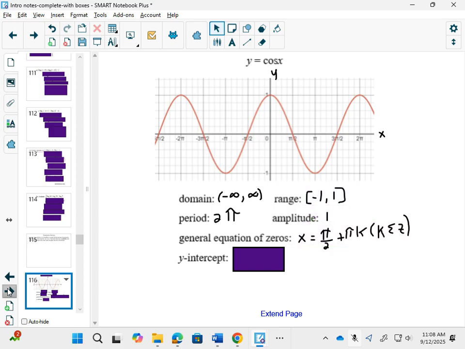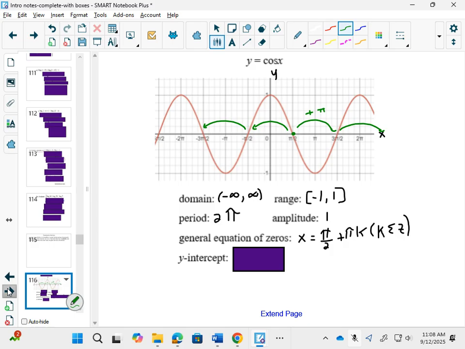And the general equation for all of the zeros can be written like this. Start with one of them, which is pi over 2. And if you wanted to write them all, notice that there's a pattern in how much you have to jump to get to the next one. You either have to add pi, and then if you added pi again, you'd get to another one.